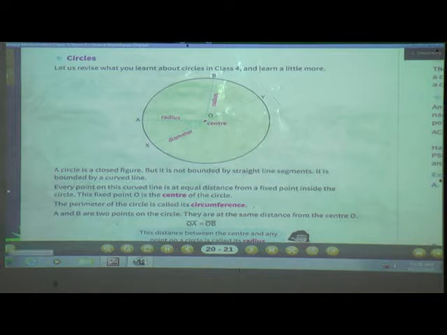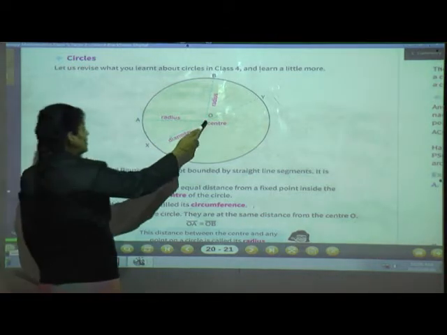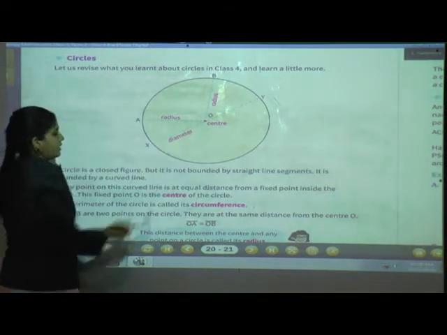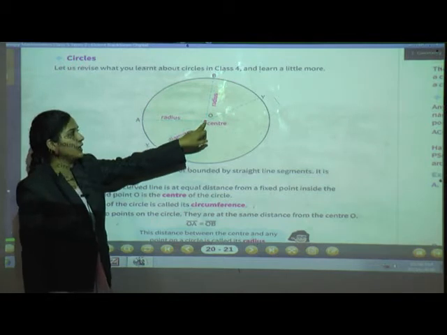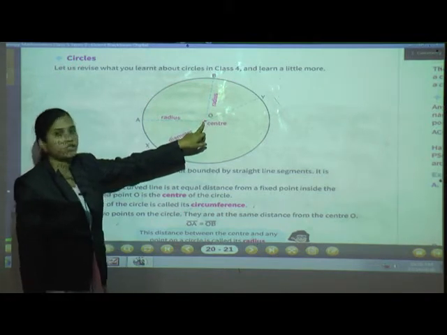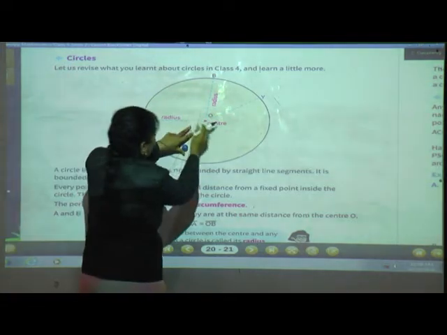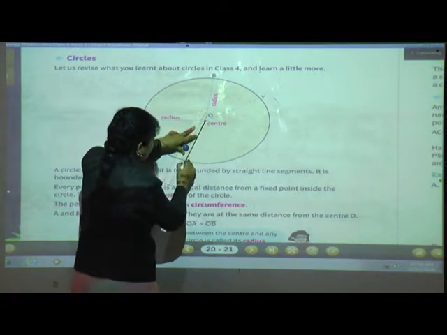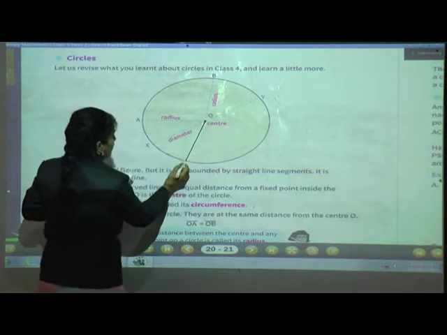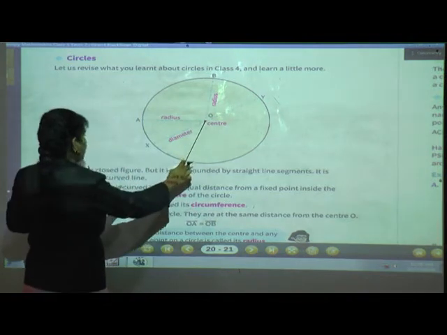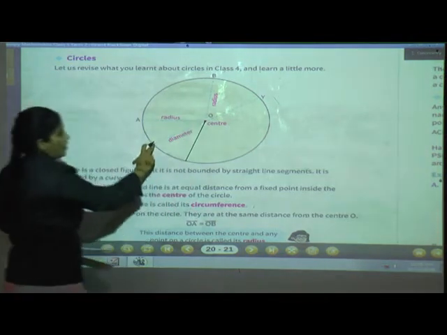See students, here this is a fixed point. It is the center of the circle, and here O is the center of the circle. So if I draw here, see, the measure of this segment is equal to OX.